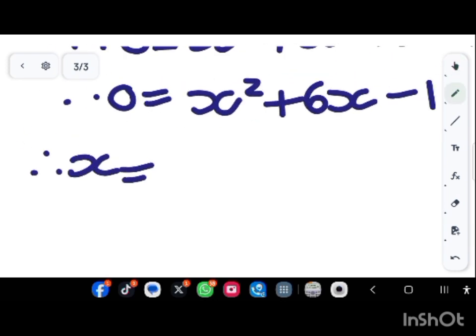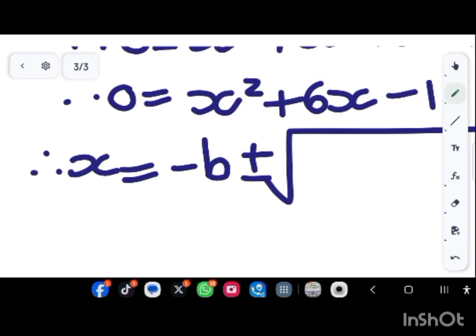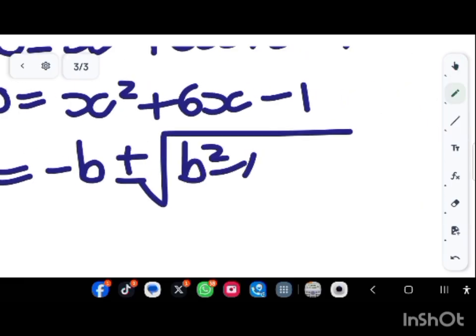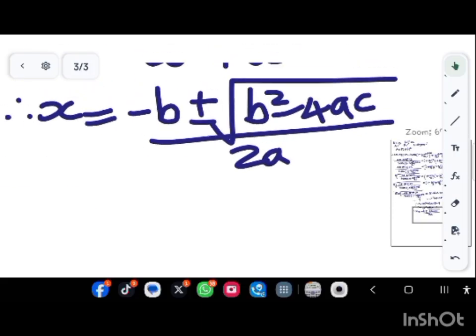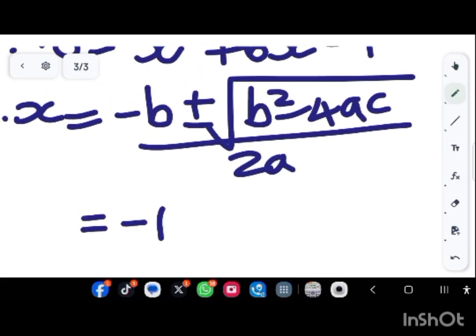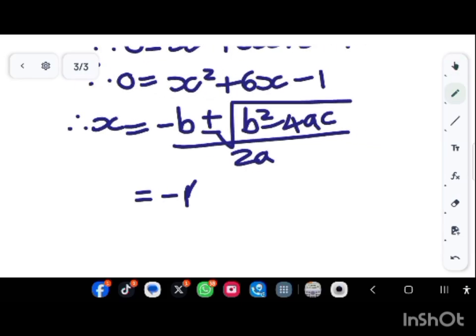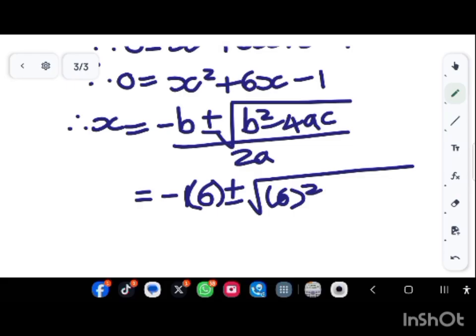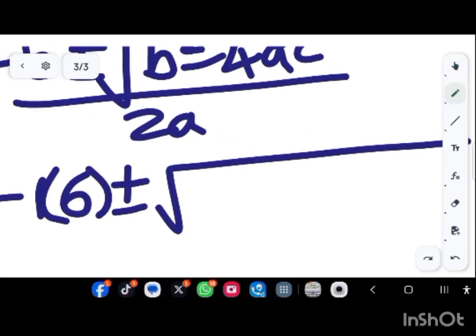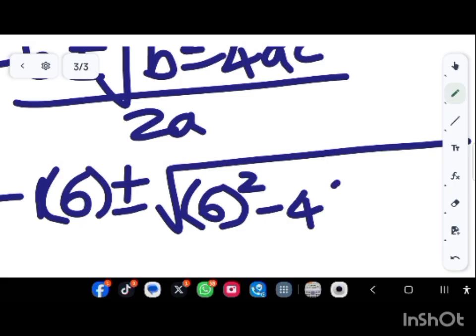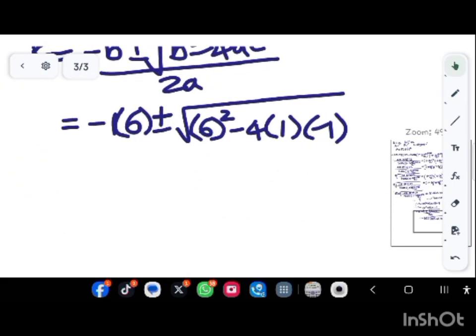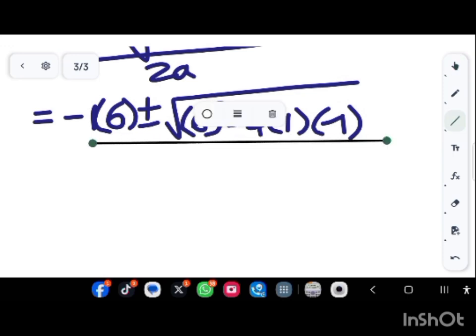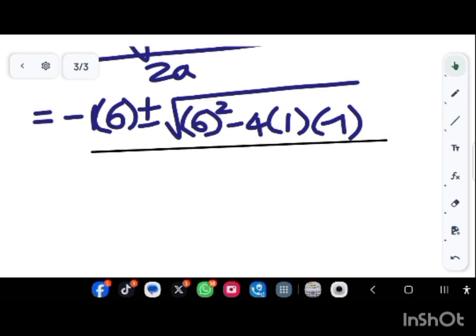Therefore x equals to minus b plus or minus square root of b squared minus 4ac all over 2a. Let's substitute. a equals to 1, b equals to 6, plus or minus square root of 6 squared minus 4 times a is 1 and c is negative 1, all over 2 times 1.